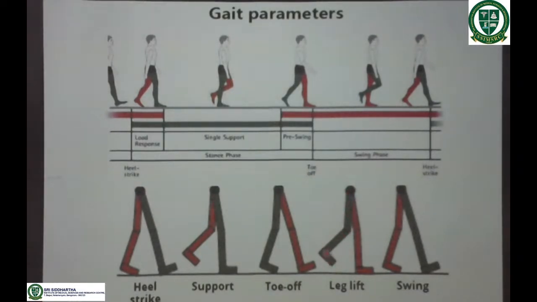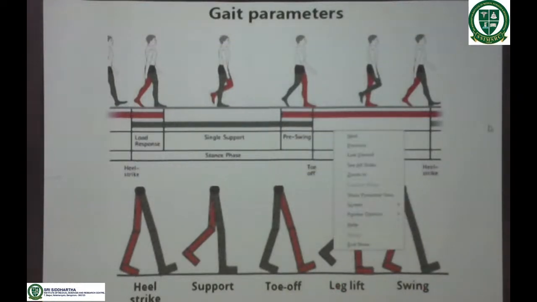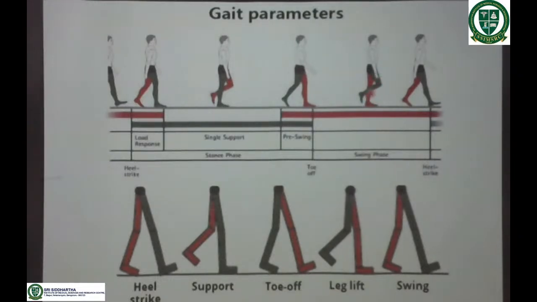So you are seeing this is the leg lift. The foot is off the ground. There is a plantar flexion, flexion of this knee, and here you can see the extension in the hip. Then next is the swing phase. Once we lift, again it is swinging and moving forward to again a heel strike.